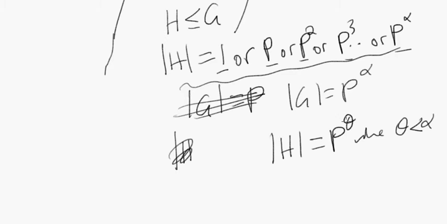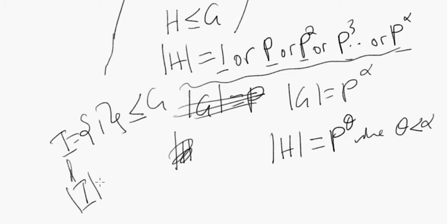Well, isn't this always true? The identity is a subgroup of any group. Let's call this group I. Can't we write the order of I as just p to the 0, which is 1?